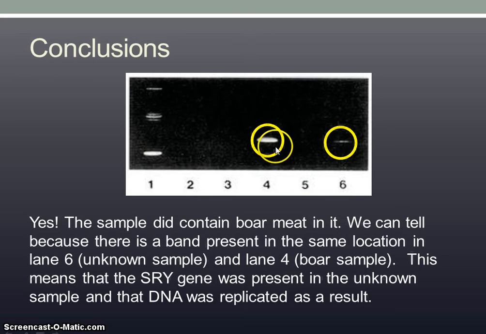Lane 4 contained the boar sample, and lane 6 must contain boar meat as well since they're both located at the same location. This means that the SRY gene was in fact present in the unknown sample and that DNA was replicated as a result, and therefore we know that boar meat was contained in the unknown sample.